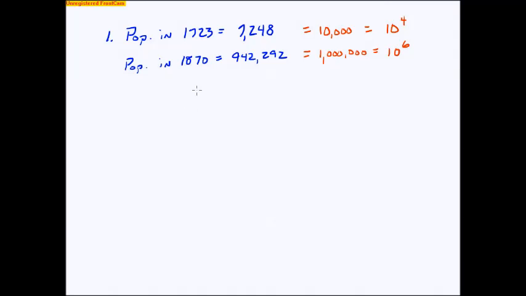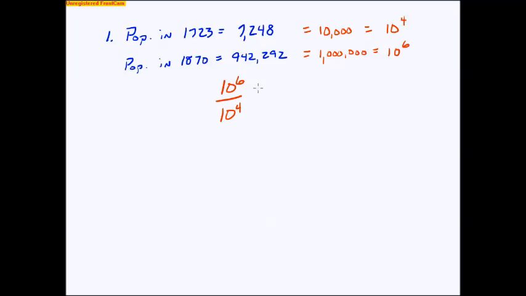All right. So what I want you to look at on the note packet is I underlined how many times greater. Whenever you want to see how many times greater one number is than another, you divide those two numbers. So I'm going to take the bigger number, which is 10 to the 6th, and divide by the smaller number, which is 10 to the 4th.